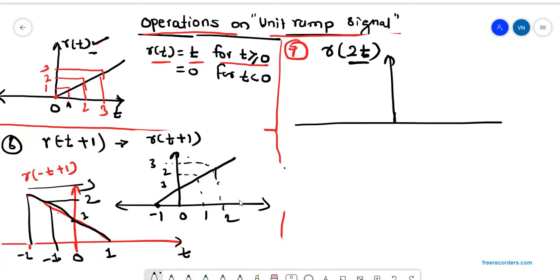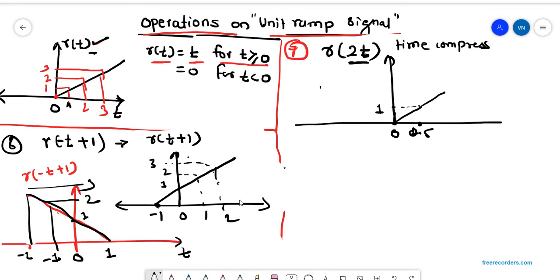If I draw the same signal of t, whatever the amplitude for 0 is, obviously 0. Whatever the amplitude for 1 is, it is 1. But when we divide 1 by 2, you will get 0.5. So as per this, our time should be compressed. But how to compress? For 0.5, I am getting the value 1.